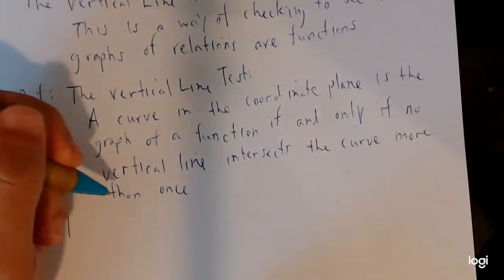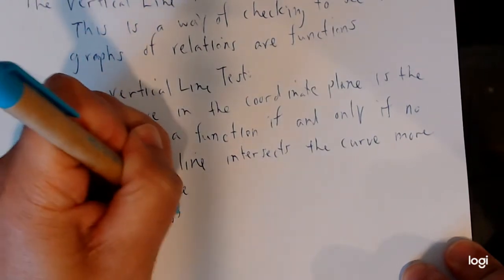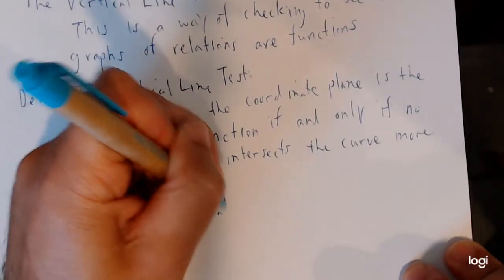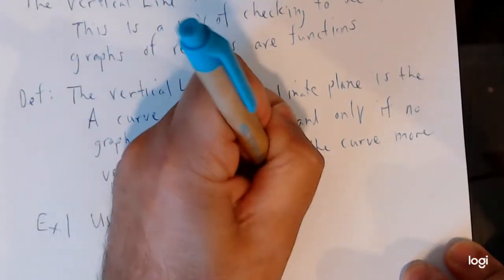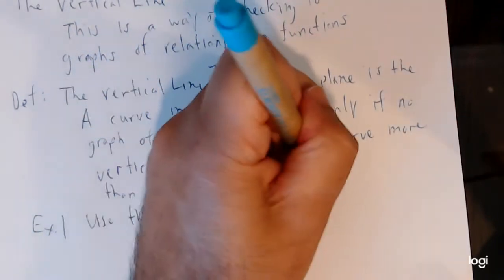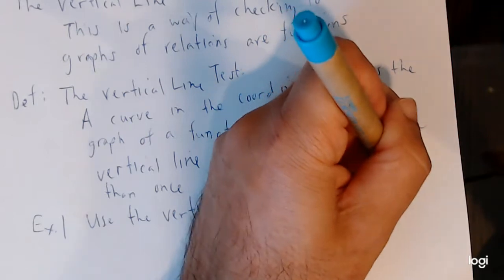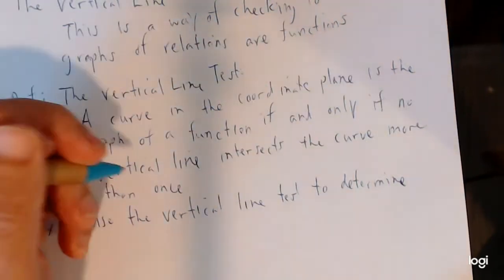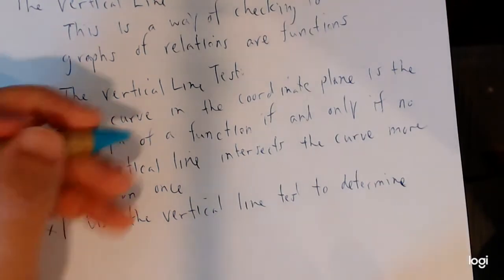So let's look at our first example where we're going to use the vertical line test to determine which curves are functions.